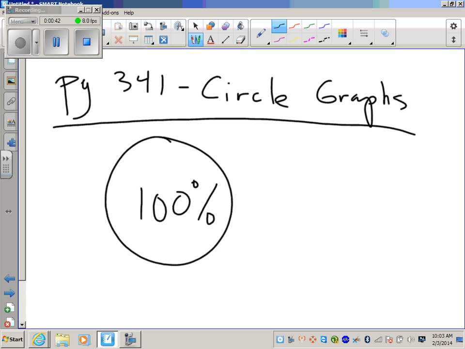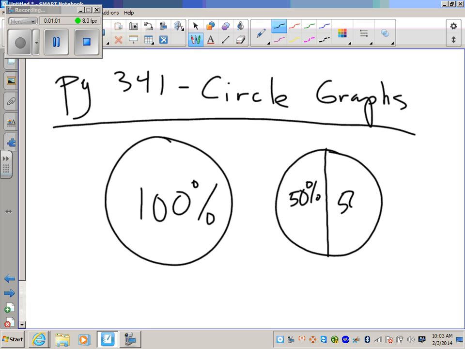Okay. So that's why they call it the pie graph, because when they take a wedge or a piece out of it, it could represent different amounts. So if we had a circle graph set up like this, each of these wedges would represent 50%, right?